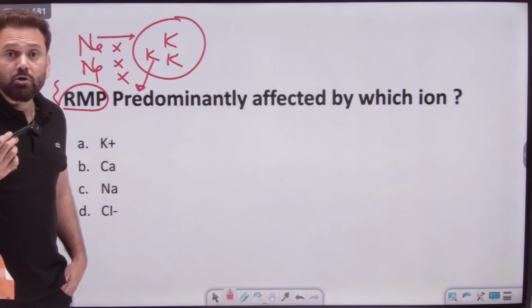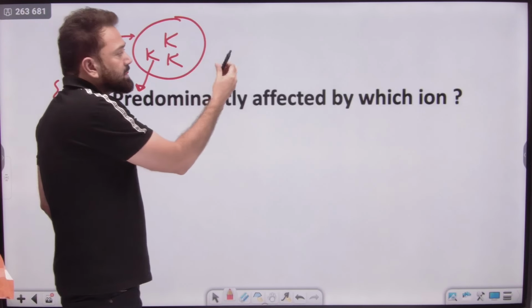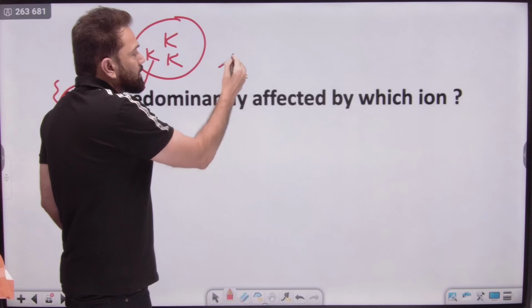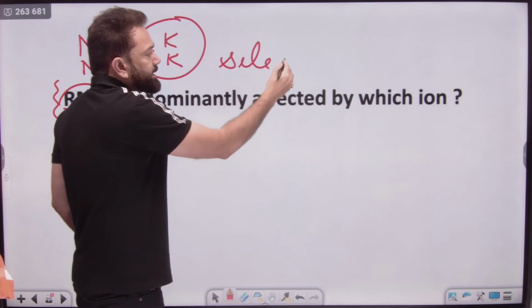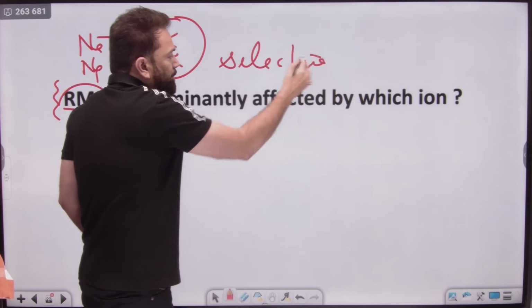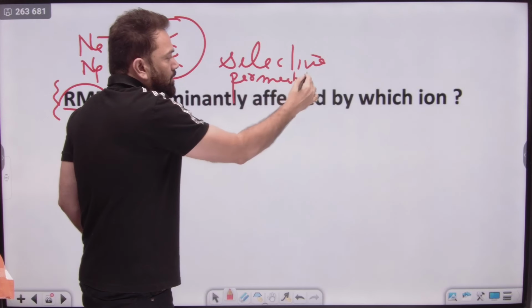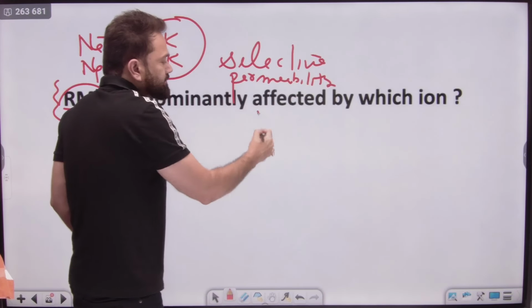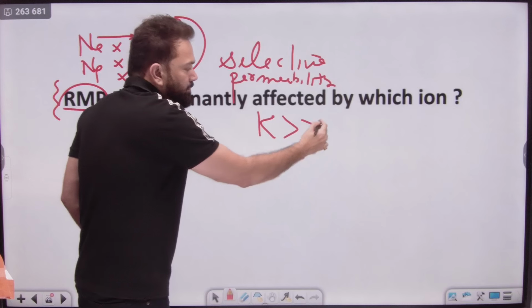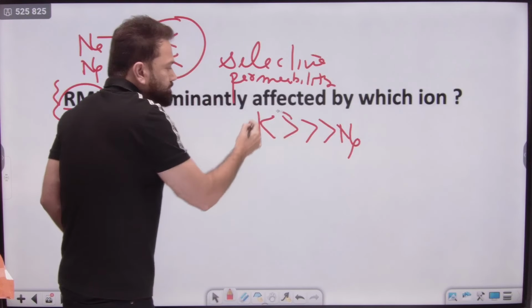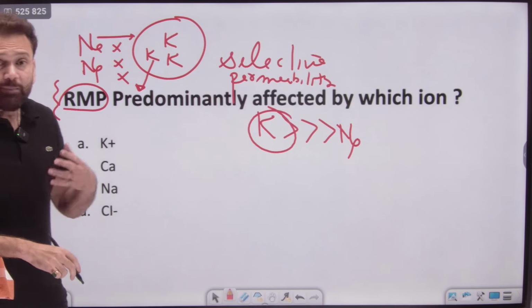So what is the cause of RMP? The cause of RMP is selective permeability of the cell membrane. It is mainly for potassium, not for sodium. So it is a potassium efflux.